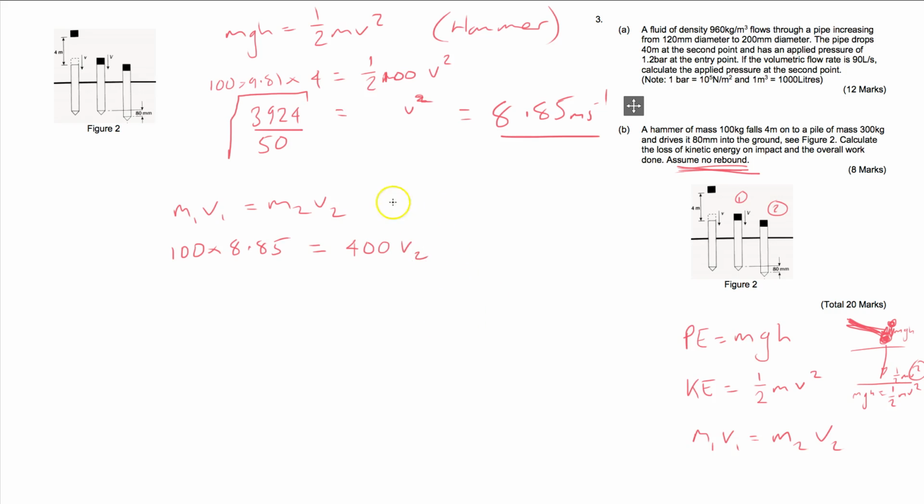So let's process that. We'll be able to find the velocity at which this thing goes down. So if we divide both sides by 400, let's process that.